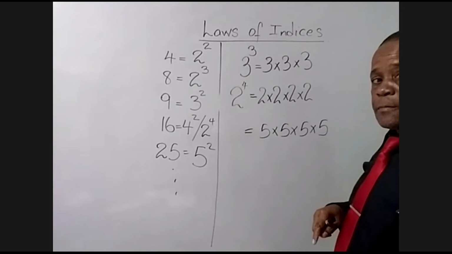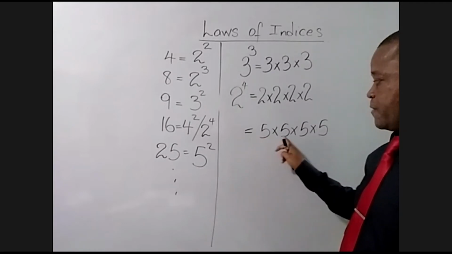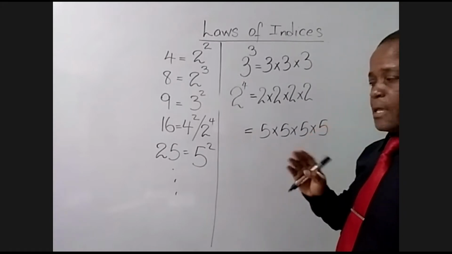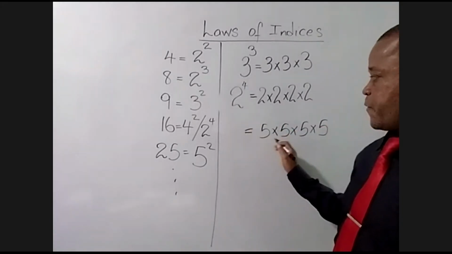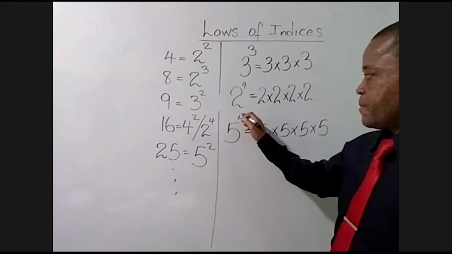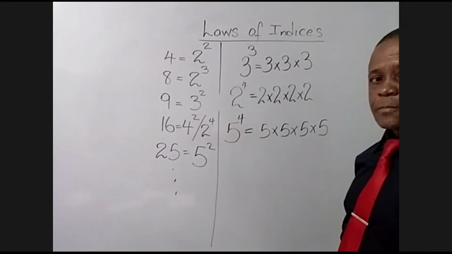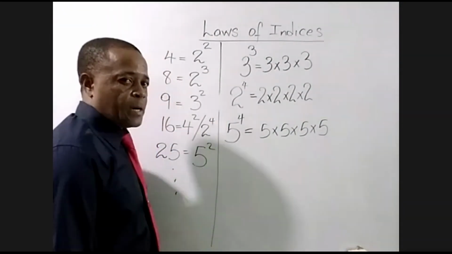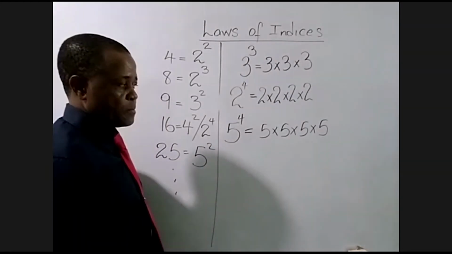Now notice here that the 5 is written down how many times? 4 times. It simply means that the index form of this number would have been 5 to the fourth power. All right? That would have been 5 to the fourth power.